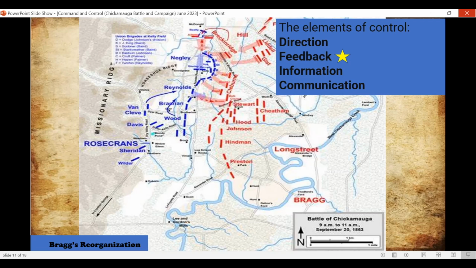So Hill simply leaves, tells an aide to inform Polk that if Polk wants me, I will be on the line. So you have about a 3+ hour delay in the attack that was supposed to begin at day dawn. And you think about what occurred during that time. Thomas is able to bring in reinforcements, some.